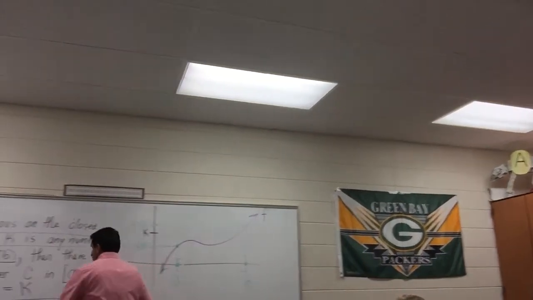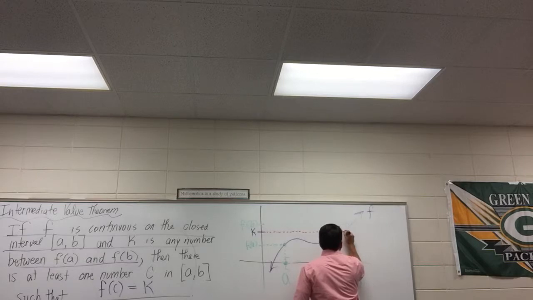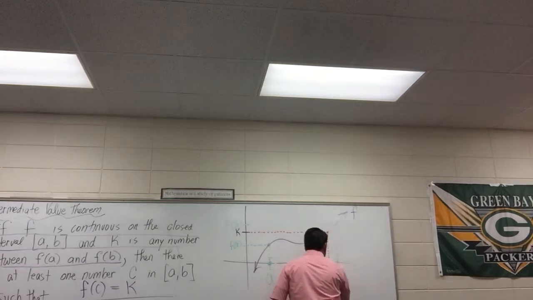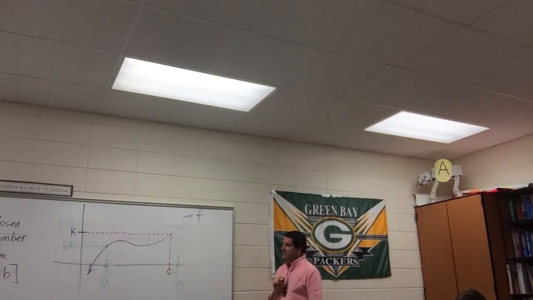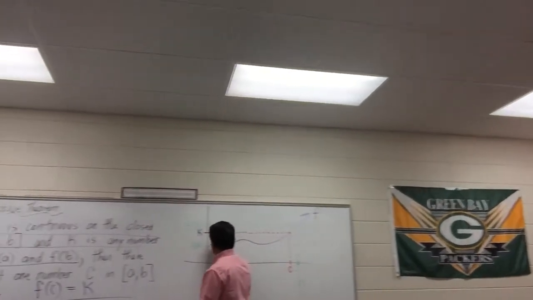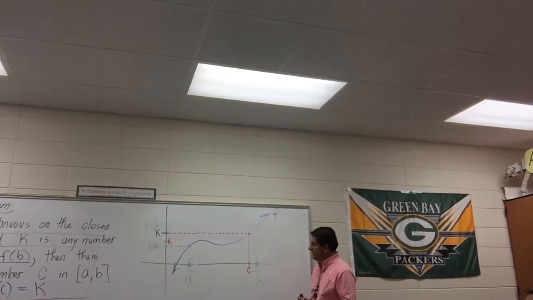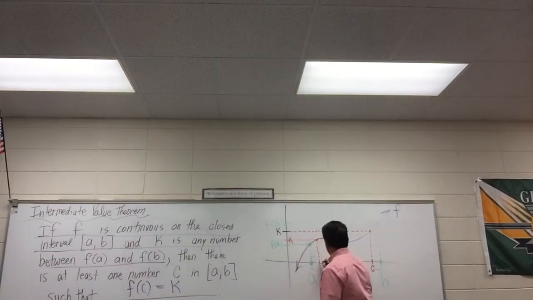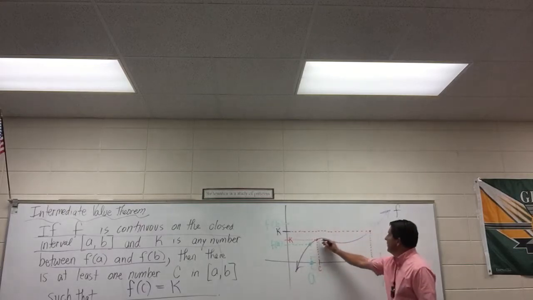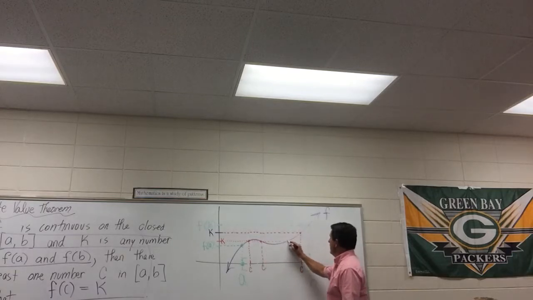Okay, so on my picture, this is where C would be located. If I choose my K here, then my corresponding C could be here, or it could be here, or it could be here.